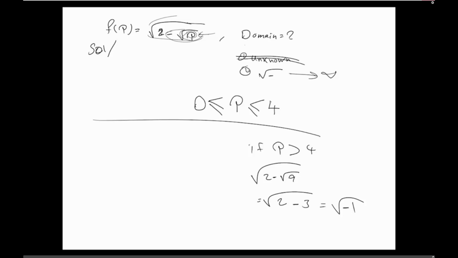Or maybe we had something like 2 divided by the root of, let's suppose, 5, and the root of 5 is bigger than 2, so we would also end up with a negative. That's why we don't want p to be bigger than 4. This is our domain.